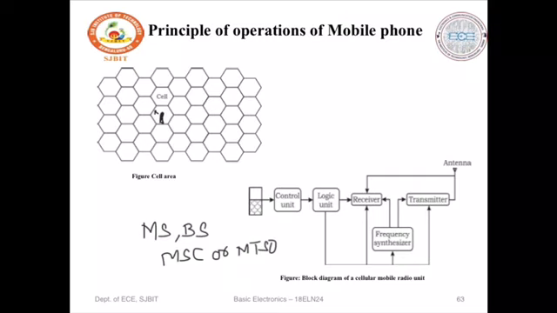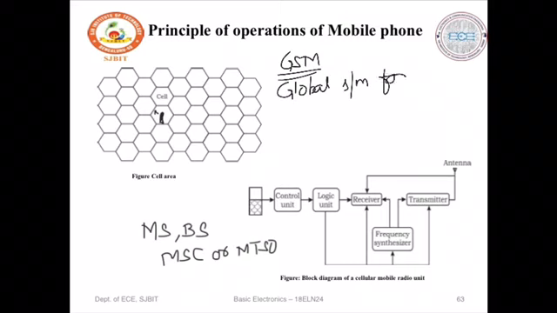An example of a cellular mobile system is GSM. GSM stands for Global System for Mobile Communication.